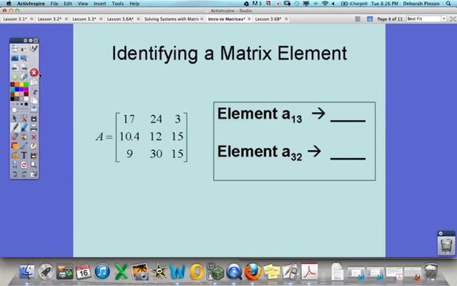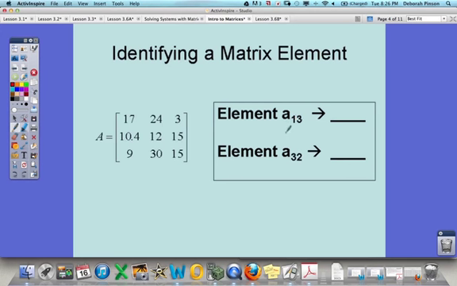Now, if you are talking about a specific element in, this is matrix A, but if you're talking about a specific element, one of these numbers, it's called an element, you name it with a lowercase letter, and then you specify your row and your column. Now I want y'all to look at this. This is not a 13. It's row 1, column 3. So it's 2 digits.